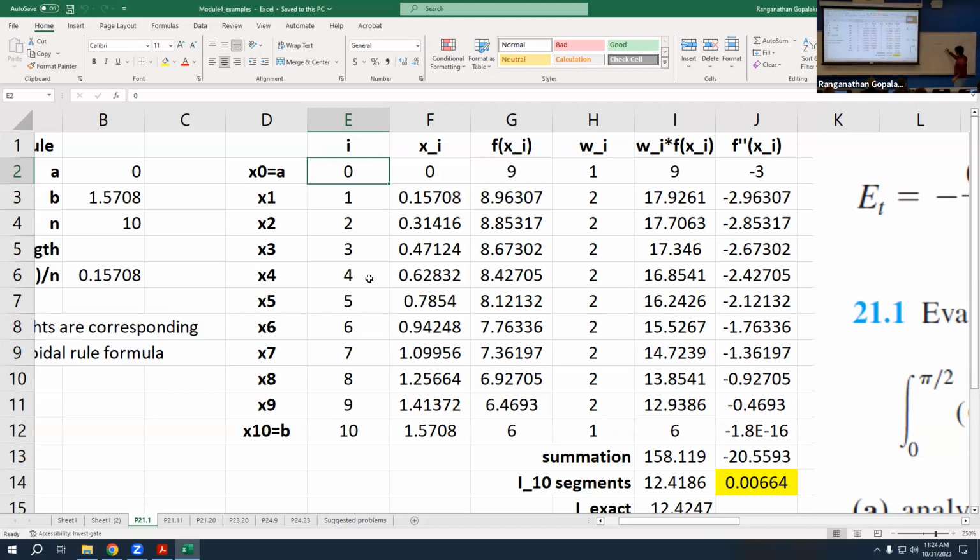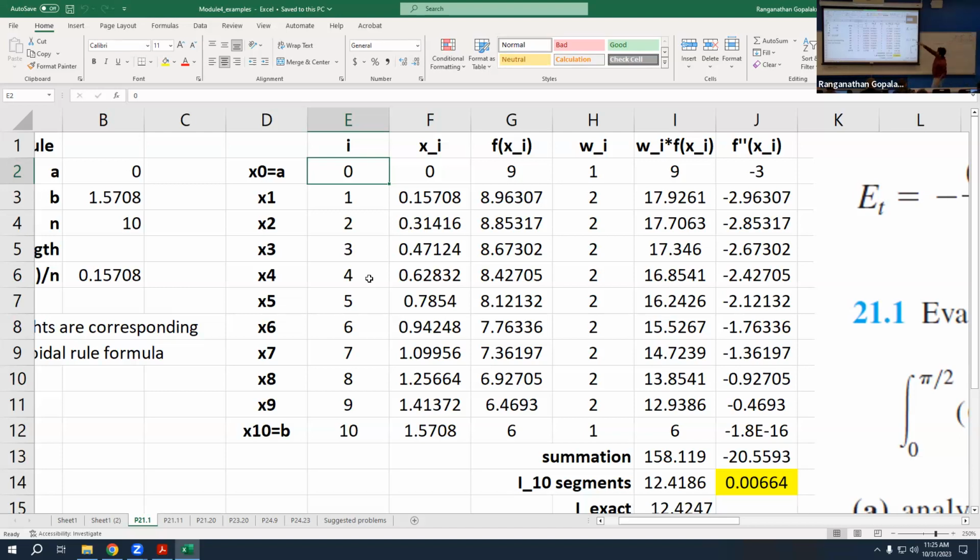In our case, say n equals 10, a equals 0, b equals pi by 2, and we are doing this summation here. So when I say weighting factor, this is multiplied by 1, and this is multiplied by w of x naught, w of xi, and again this is multiplied by 1, which is w of xn.